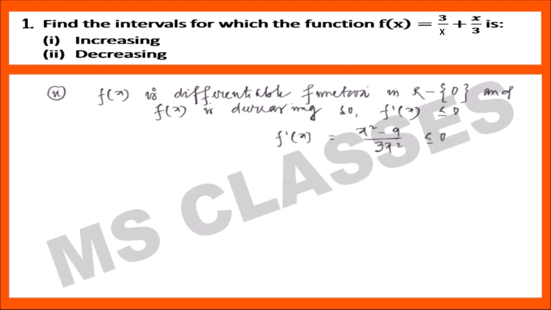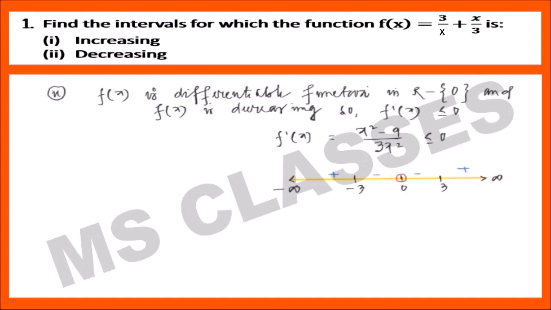So we take the number line: minus infinity, minus 3, 0, 3, infinity, with signs plus, minus, minus, plus. Here 0 is the point of discontinuity.